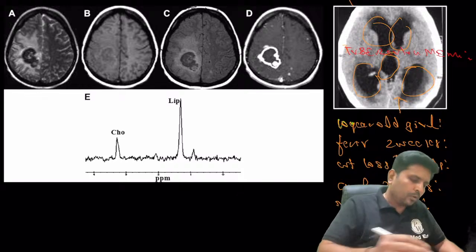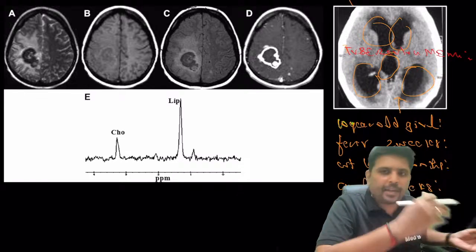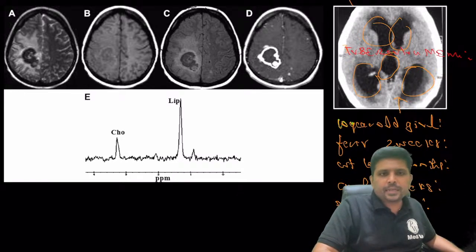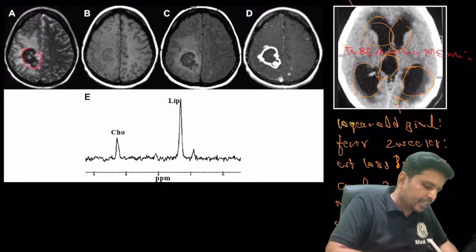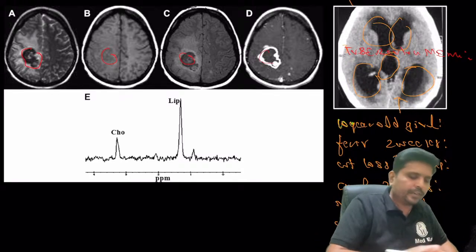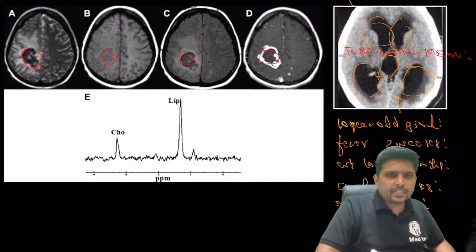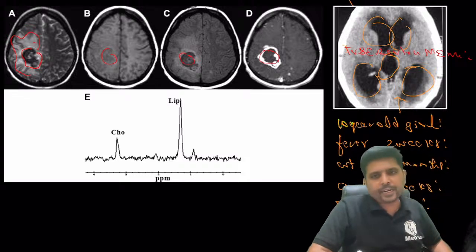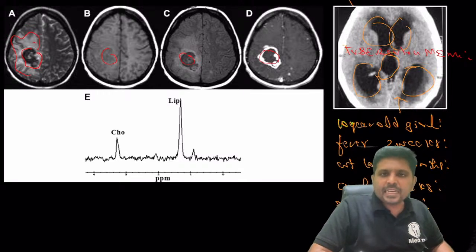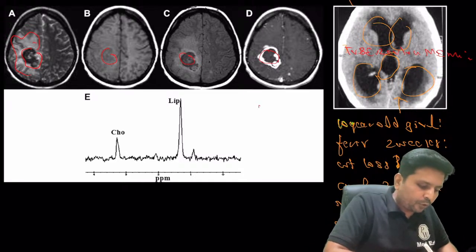Right now, this is with respect to the image on the right side. What is that image on the left side? You have a ring enhancing lesion. This ring enhancing lesion has got perilesional edema. Look at this perilesional edema. Usually these cases will present with focal seizures.